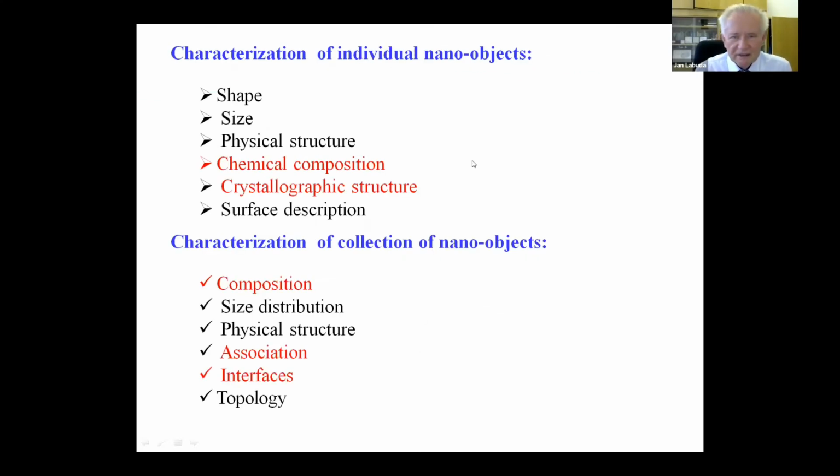Regarding chemical analysis, in both cases, nano-objects and collection of nano-objects, the chemical composition is considered as a parameter necessary to be considered for characterization of materials, together with crystallographic structure and morphologic parameters, and with interface and interparticle interactions.